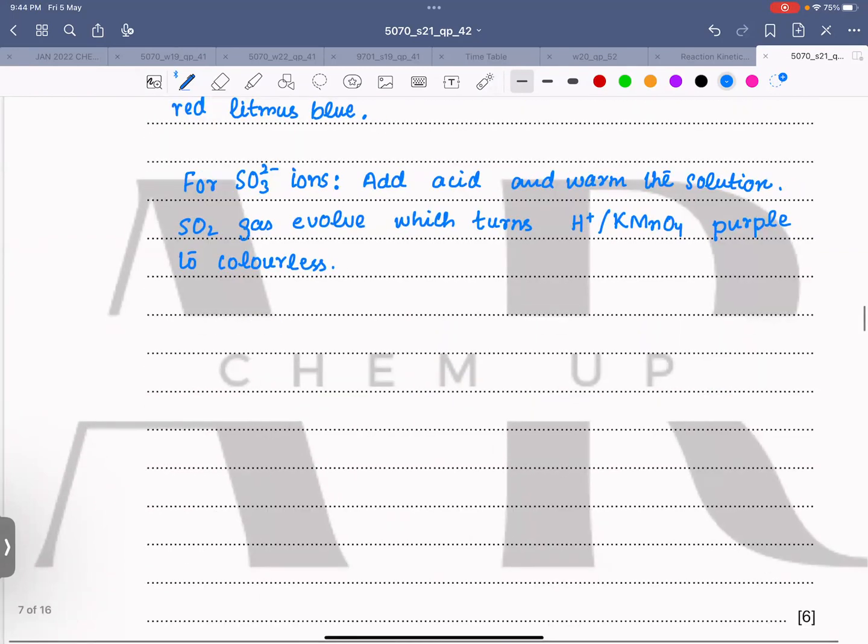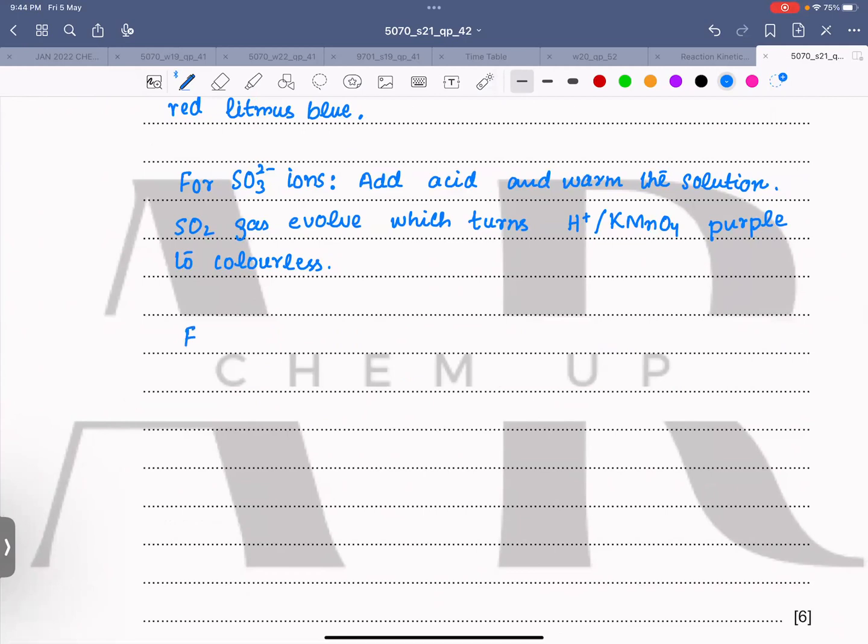Now, for sulfate ions, add aqueous barium nitrate, and for that you don't need to remember because all these tests are provided to you at the end pages.